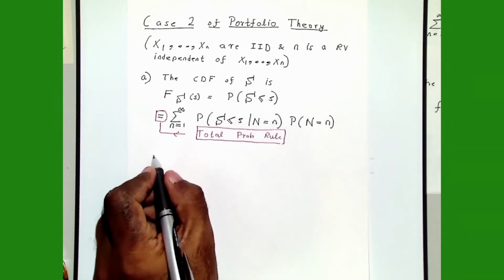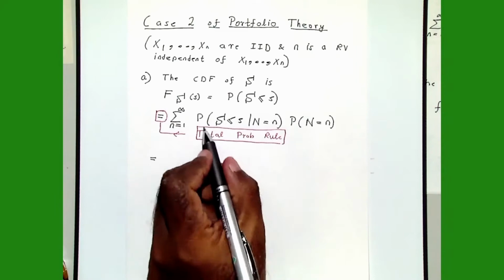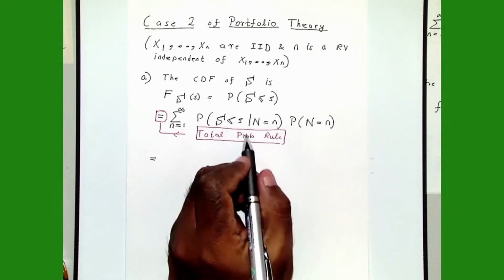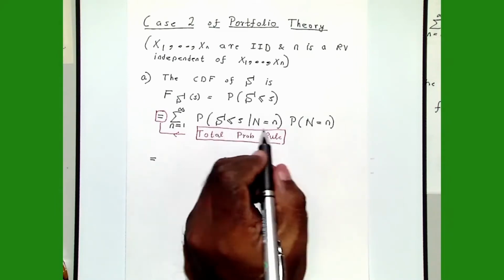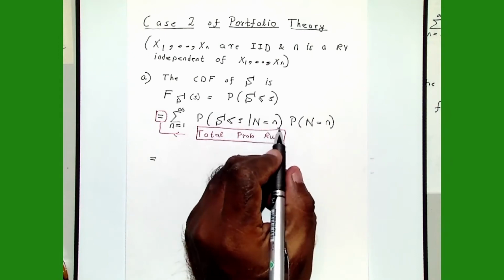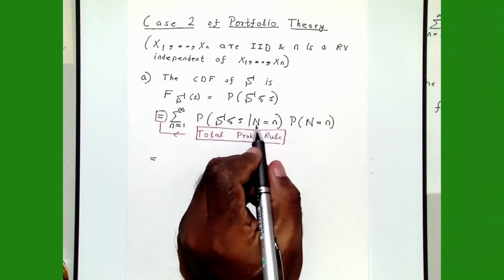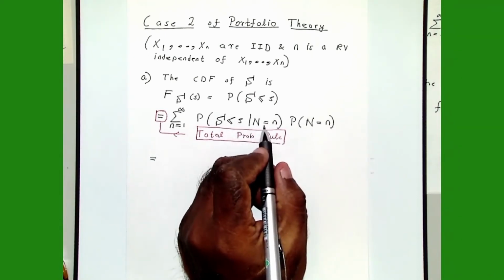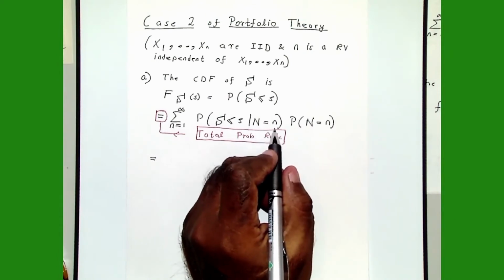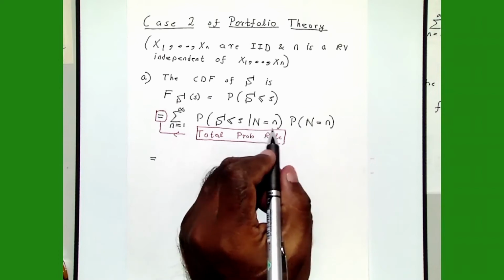All right, now in the next step, this conditional probability of S given that capital N equal to little n is the same as what we worked out in case 1. Because in case 1 we assumed that the number of investments is fixed. And that's what we are saying here.